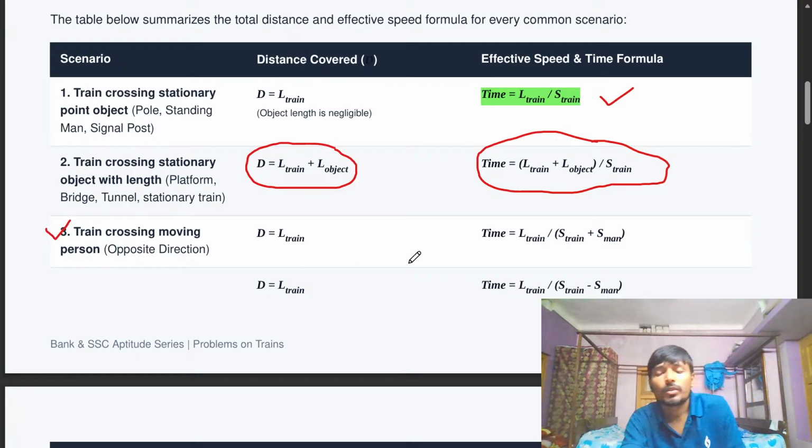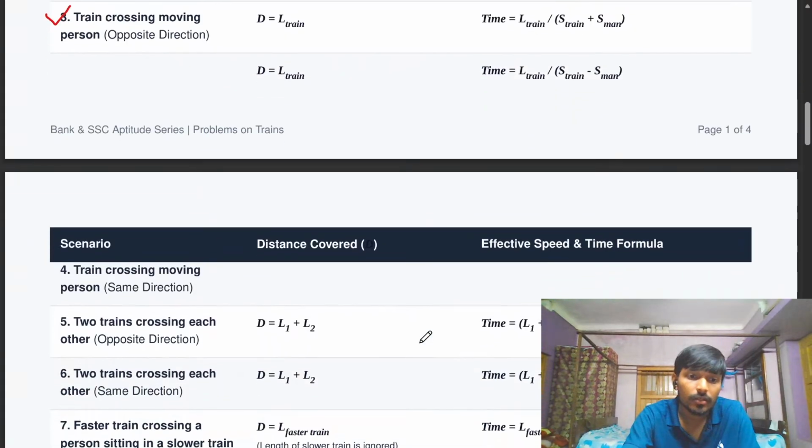So now we are moving to the third method. In case number 3, train crossing a moving person in the opposite direction. Train crossing a moving person in the opposite direction.